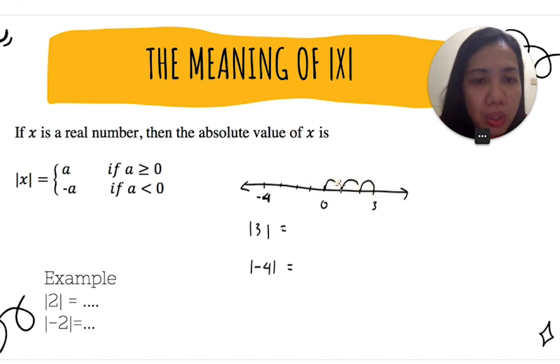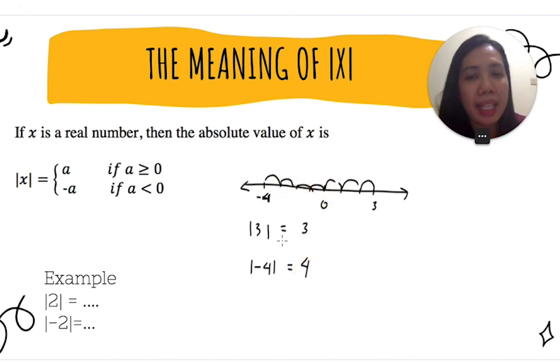So there are 3 units. So we can write here that the absolute value of 3 is equal to 3. And let us find the distance between -4 and 0 by counting the units in between. This is 1, 2, 3, and 4. So this is 4.